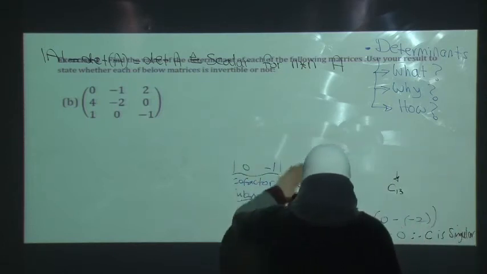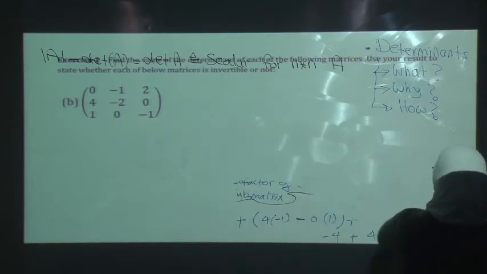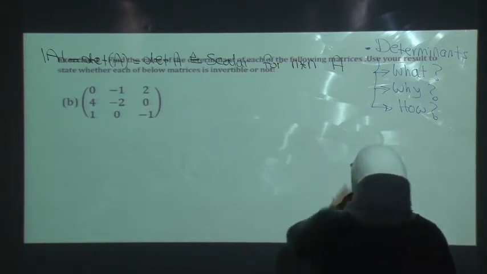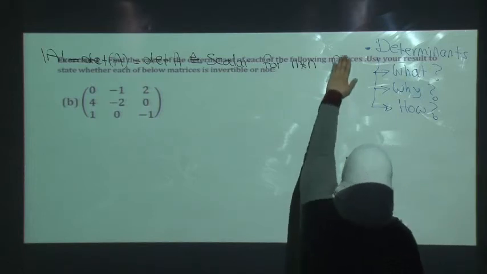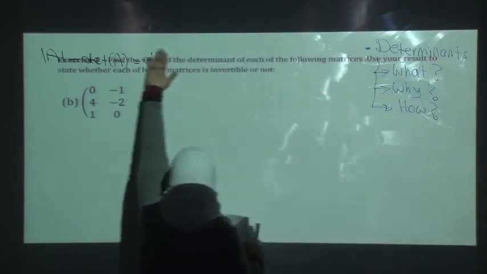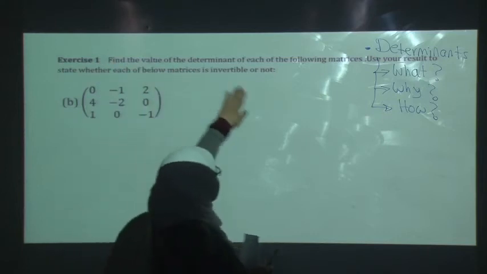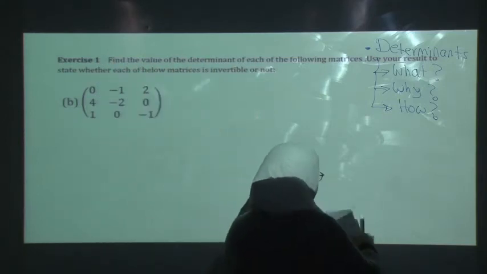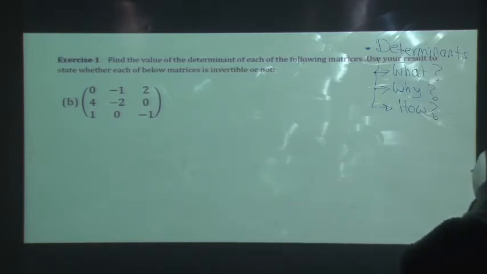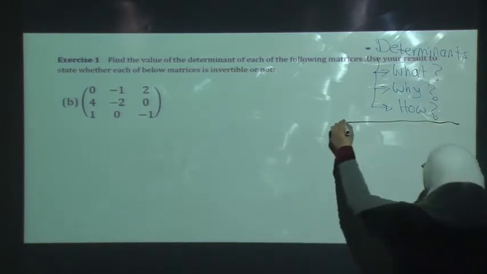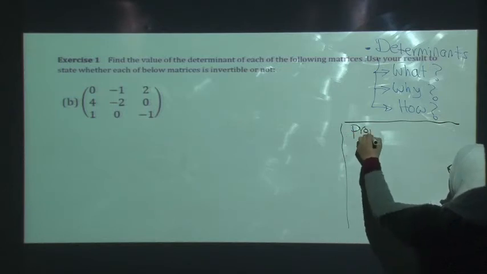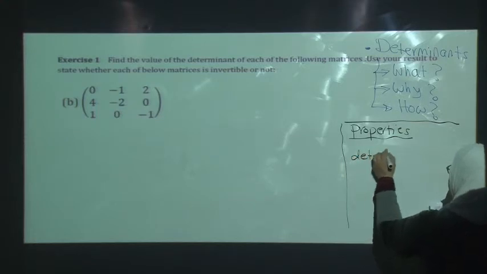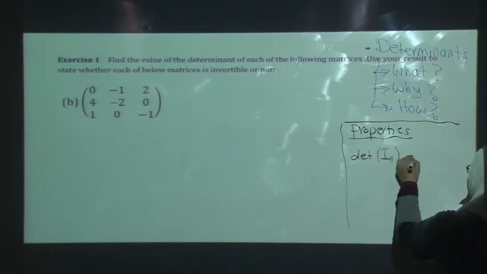We have already now answered the questions what and why and how as well. Well, the properties are the first thing which we can think of. What if we need to get the determinant of an identity matrix?